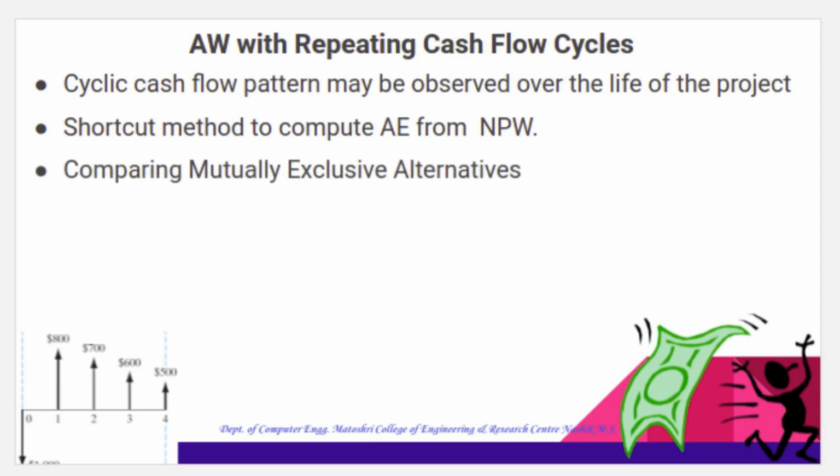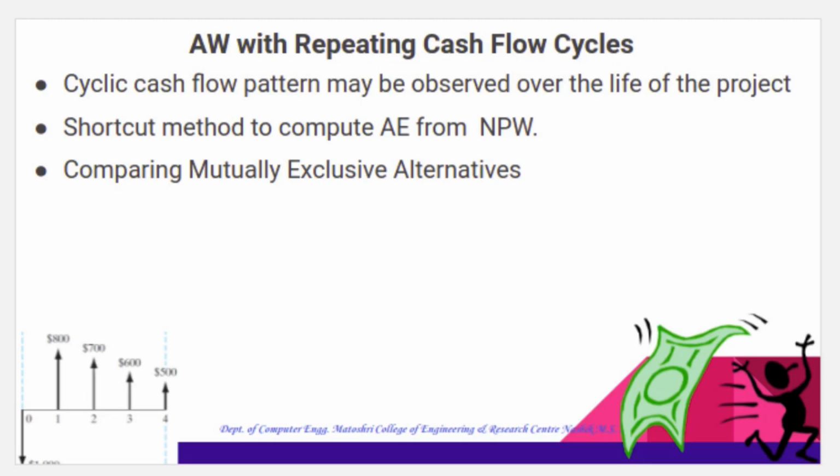Comparing mutually exclusive alternatives, when two or more mutually exclusive alternatives need to be compared on the basis of annual equivalent worth. In the previous lecture session, we discussed the general principle that should be applied when mutually exclusive alternatives with unequal service lives need to be compared.